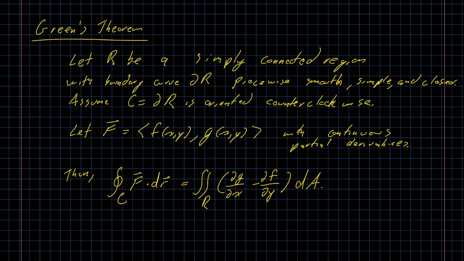All right, so this is a tool which is more general than the fundamental theorem of line integrals, also harder to use, but it lets us talk about what's happening in a region by what's happening on its boundary, talk about what's happening on a boundary by talking about what's happening in the region.